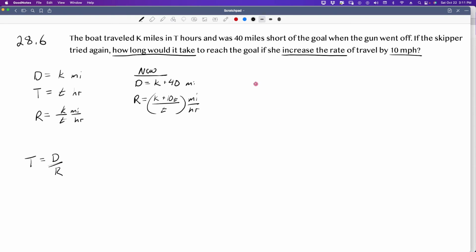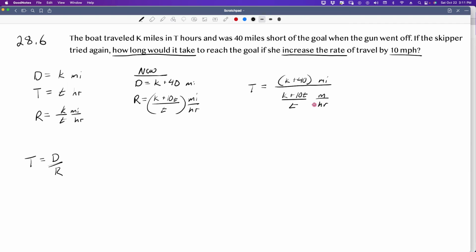Right? So time is equal to the distance of K plus 40 in miles over our rate, which is K plus 10T over T in miles per hour.